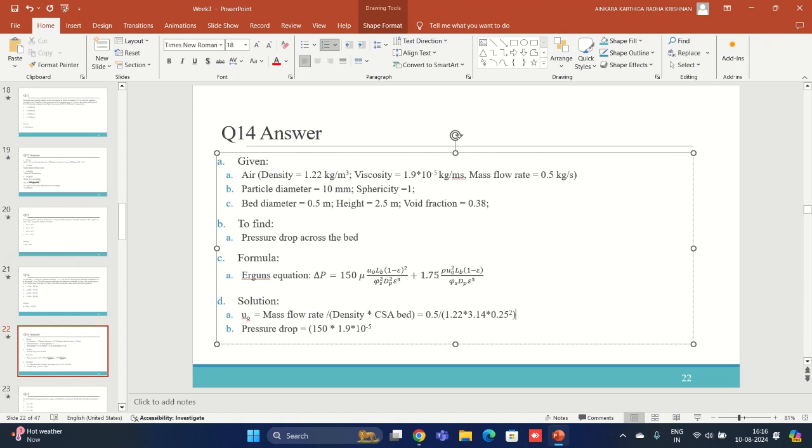So u naught is 0.5 divided by 1.22 divided by 3.14 divided by 0.25 square. It is 1.9286 meter per second.